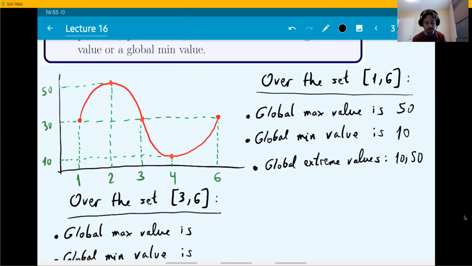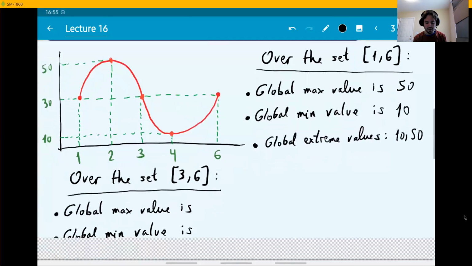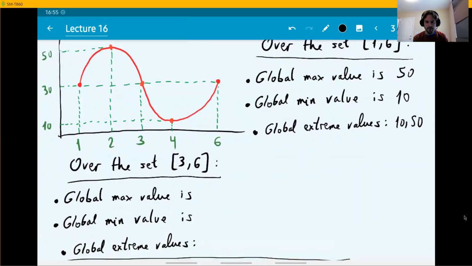But now it's still referring to the same graph. This concept of global min, global max, depends on the location where you look. So now if you're just going to look over the set between 3 and 6, what happens here? So now you're just looking at this piece of the graph down here. What is the global maximum value?